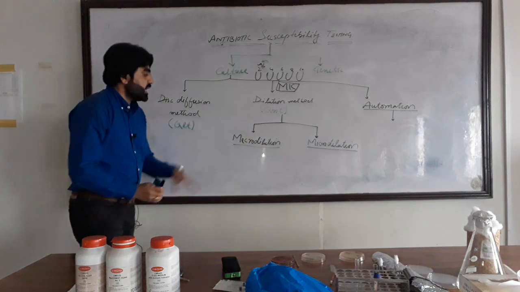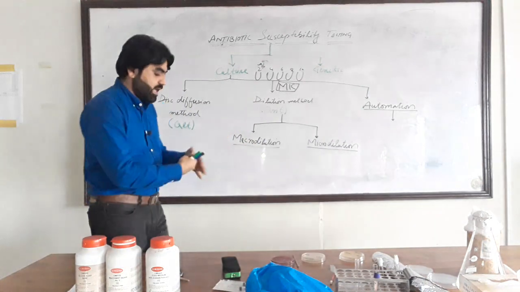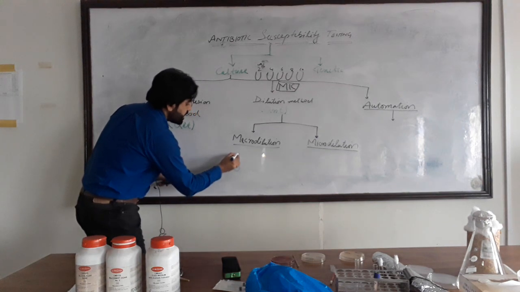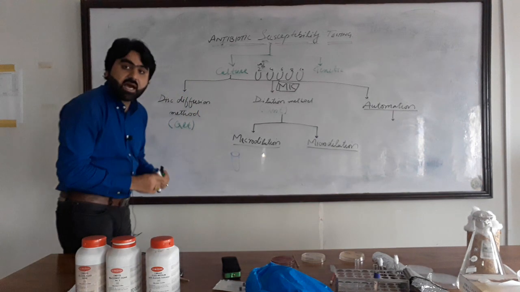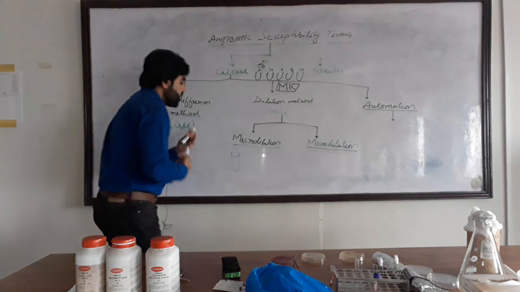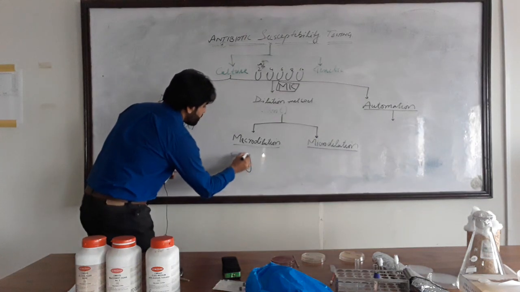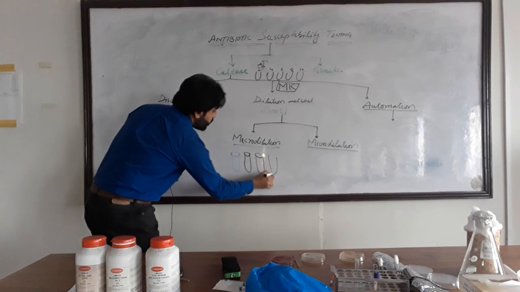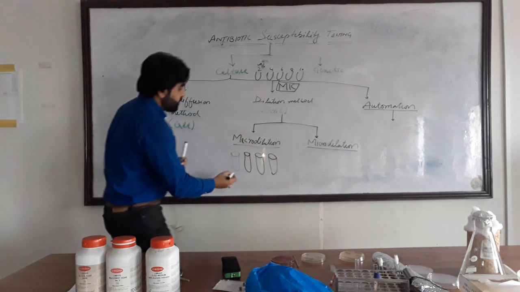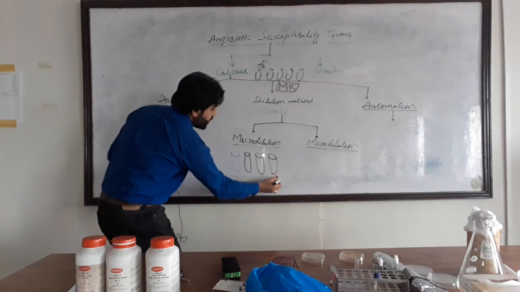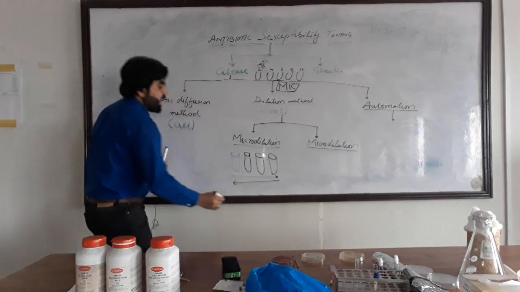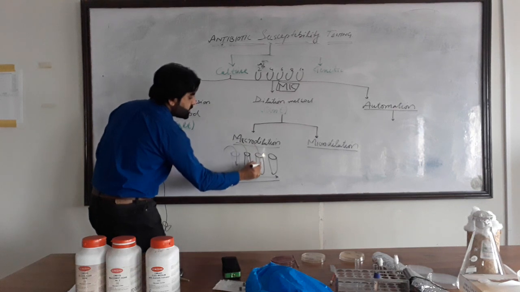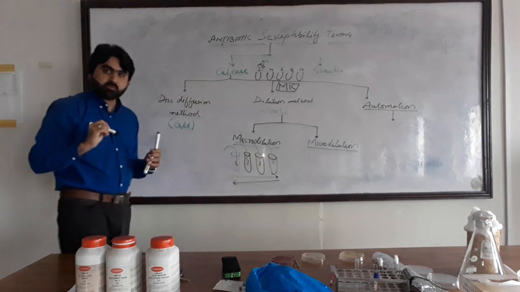Macro dilution is the dilution of antibiotic in test tubes, which was conventionally used by scientists in the early ages of microbiology. You can see that we have different test tubes and we make dilutions in increasing or decreasing concentration, and then we add a standard bacterial inoculum into each tube.